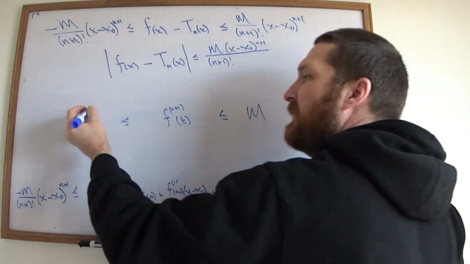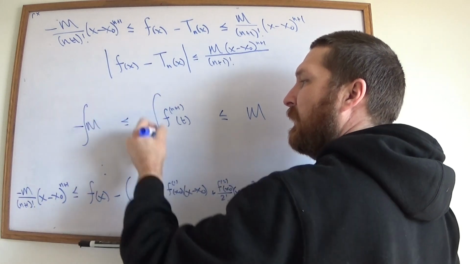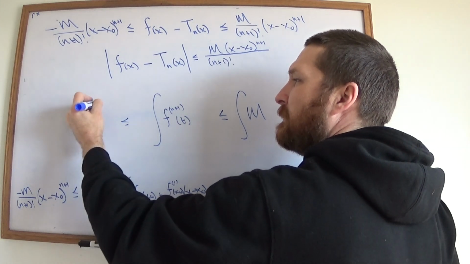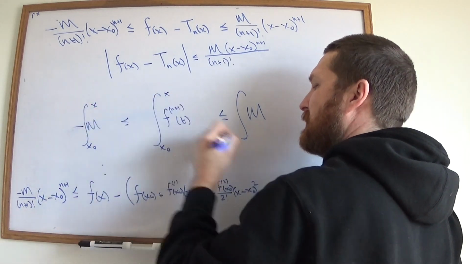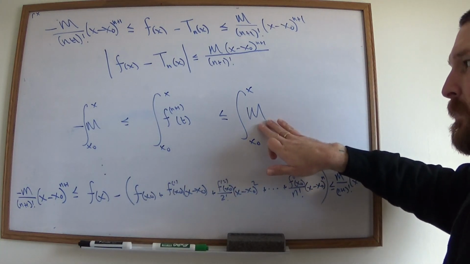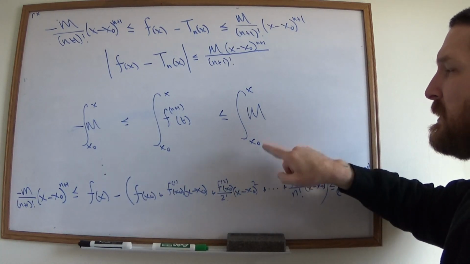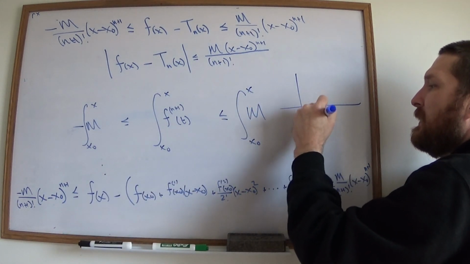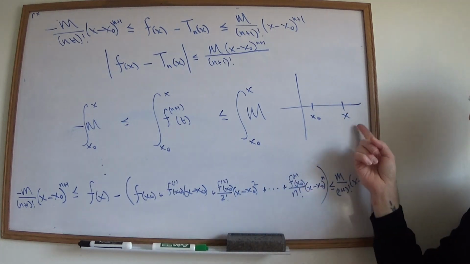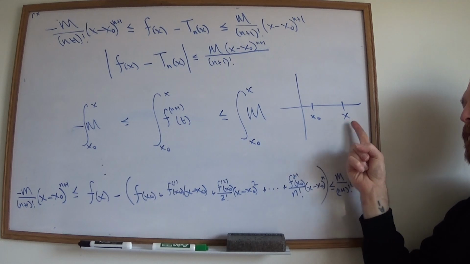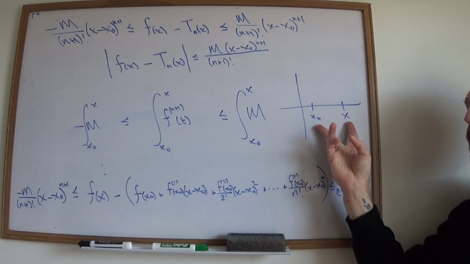And then when I did this thing right here, we integrated with respect to t from x0 up to x. Remember, M was a positive number, okay? And as long as x is on the right-hand side of x0, then x minus x0 is a positive number.